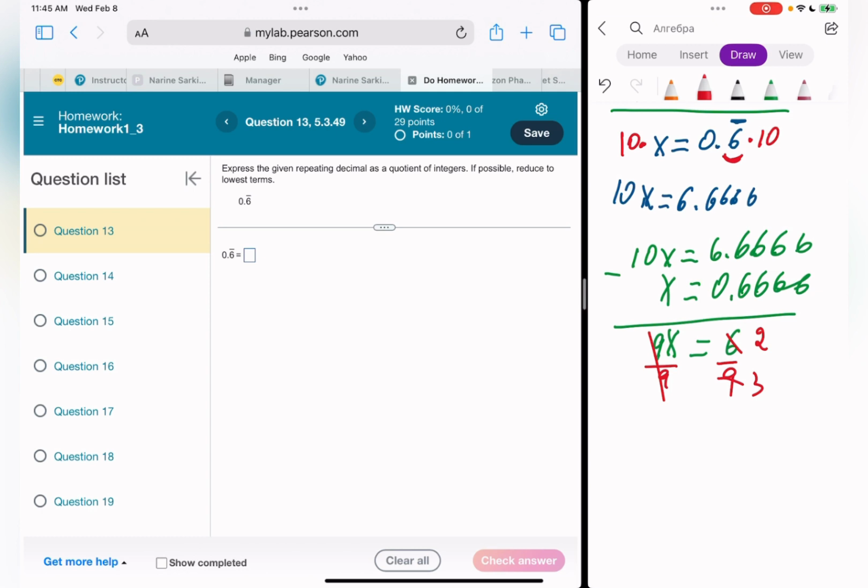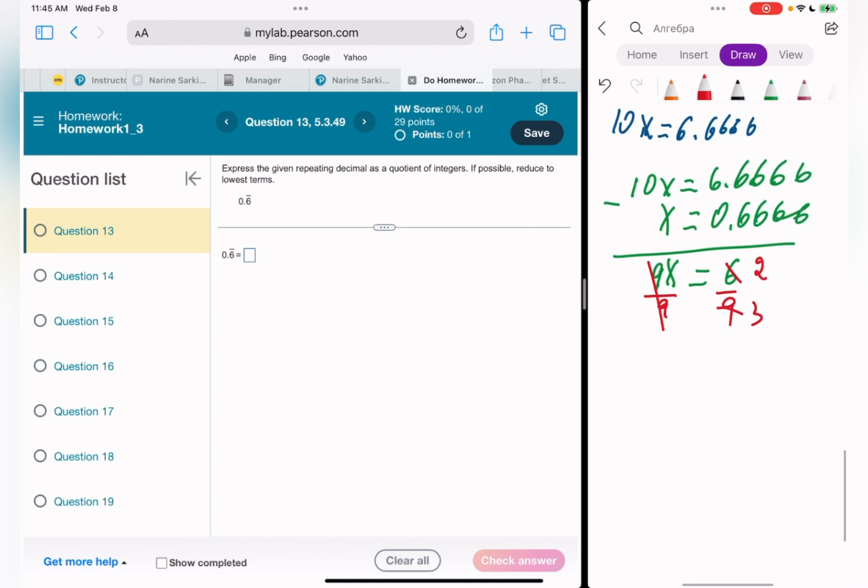So if you have, let's say, 0.7 repeating, the shortcut is you take this 7 and divide over 9.